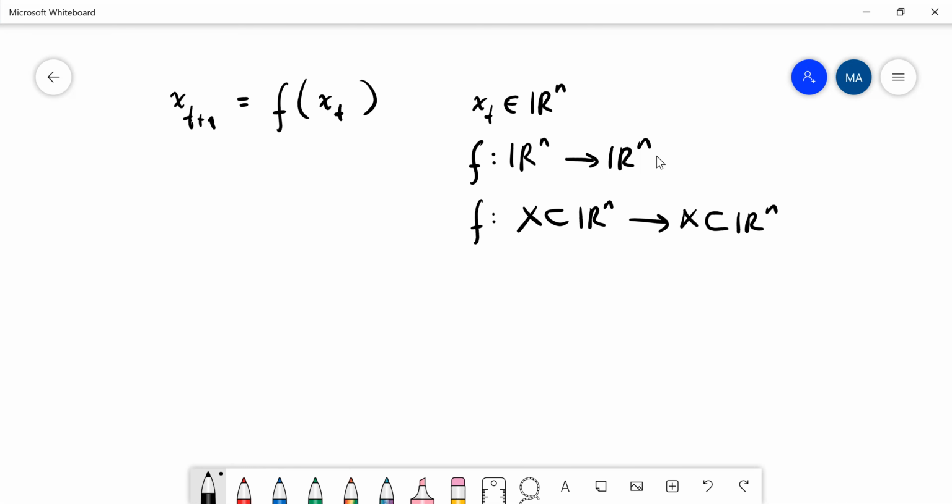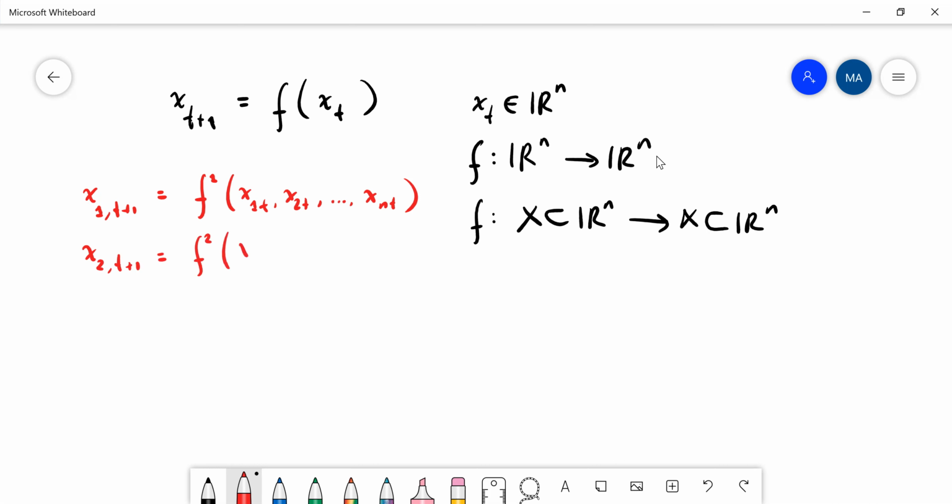So this is just a vector, right? Because if I write it more explicitly, I have x1,t+1 equals f1(x1t, x2t, ..., xnt), right? So I have x2,t+1 equals f2(x1t, x2t, ..., xnt), right?